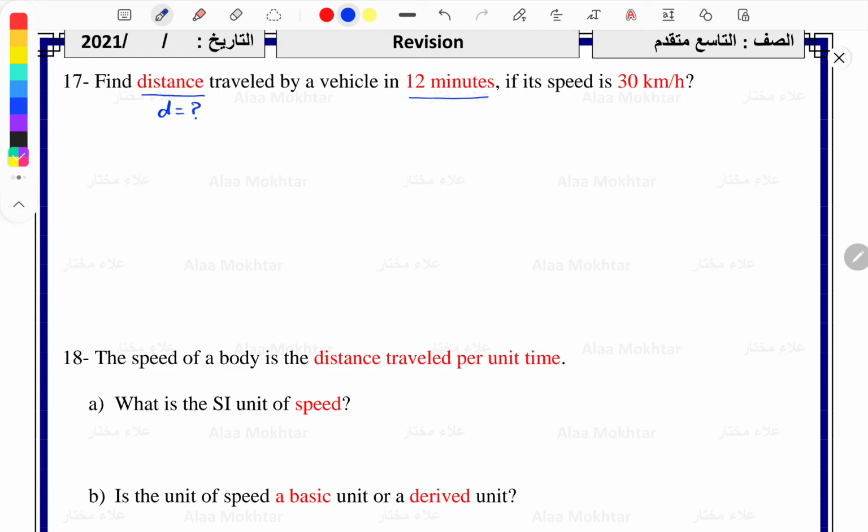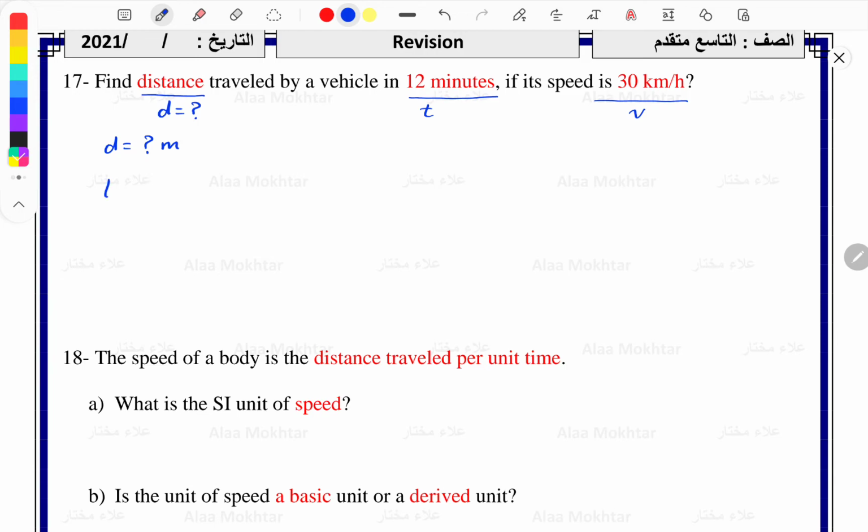The time is T. And the speed is V. But there is a problem. Distance, we all know, is measured in meter, kilometer, and mile, different units, but we use meter, so we need distance in meter.